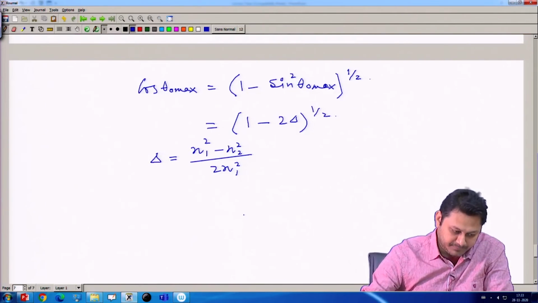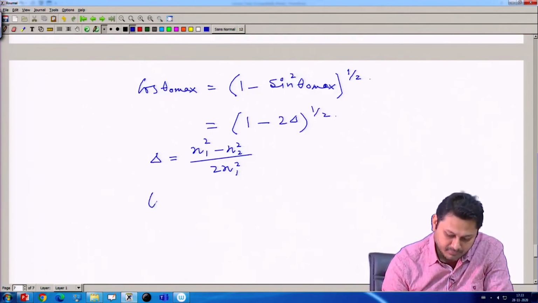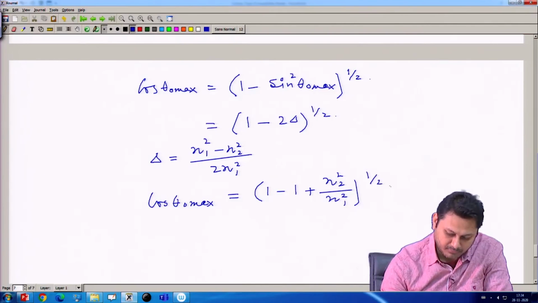So, if I put this value here, then cos theta 0 max should be 1 minus 1 plus n2 square divided by n1 square whole to the power half, which is equal to n2 divided by n1.